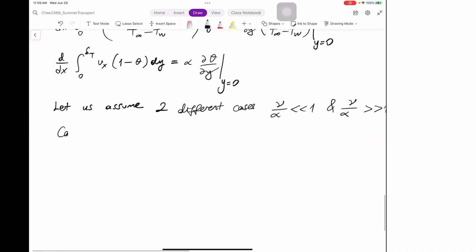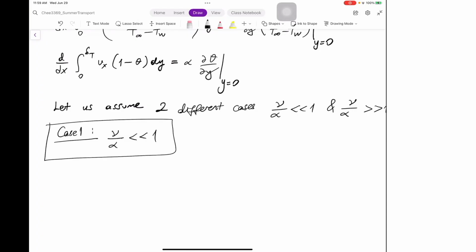So let's pick case 1, nu over alpha much less than 1, meaning that delta is much less than delta t.